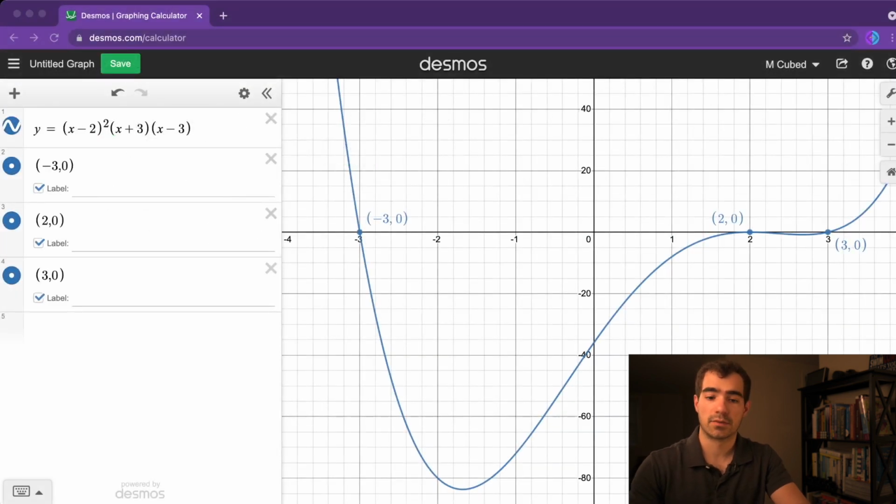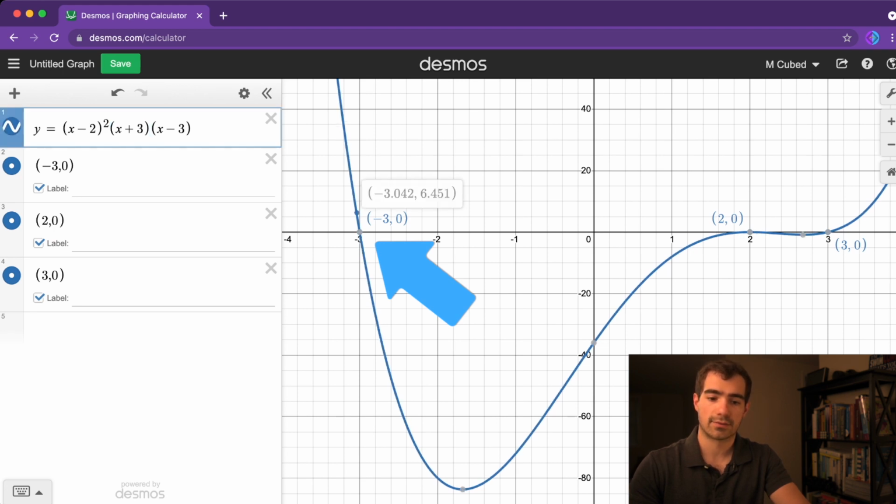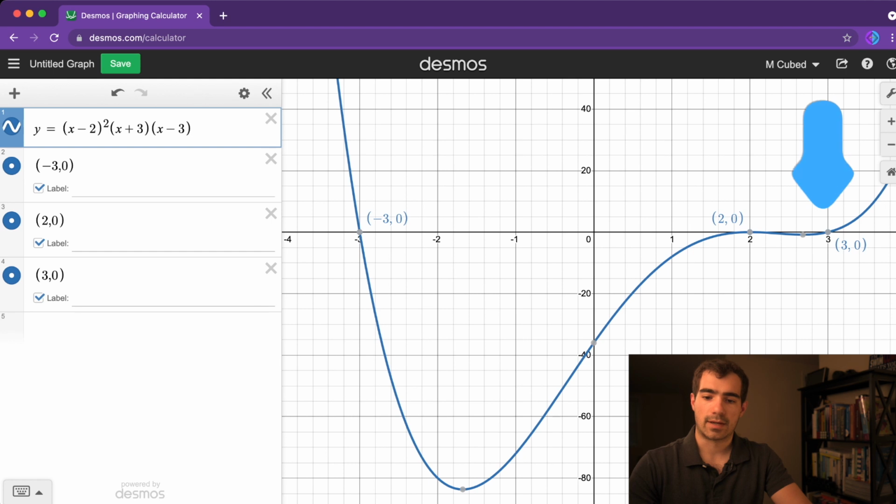And that is in fact what we saw with this graph here. At negative 3, where we had an odd multiplicity, this is raised to the power of 1, we crossed through the x-axis. At positive 3, where the corresponding factor x minus 3 also has an odd power of 1, we see this graph cross through the x-axis here.